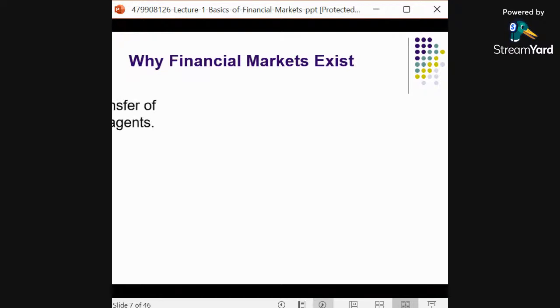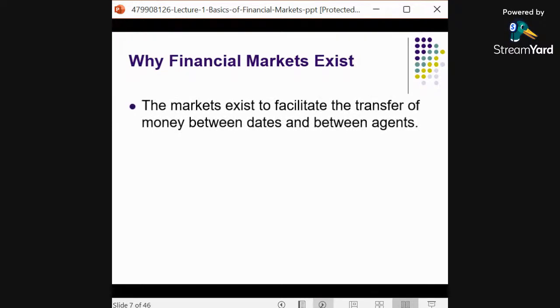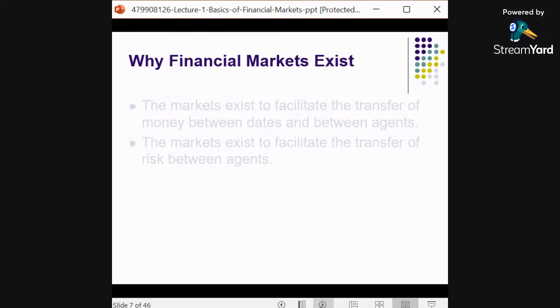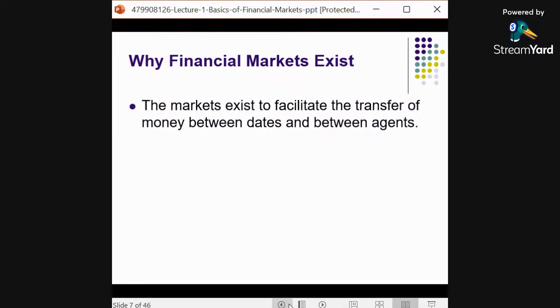So why do financial markets exist? The markets exist to facilitate the transfer of money between dates and between agents. The markets also exist to facilitate the transfer of risk between agents. Bakit nga ba sinabi natin na the market exists to facilitate the transfer of money between dates and between agents? It's because without the financial market itself, people will be lost, di ba?